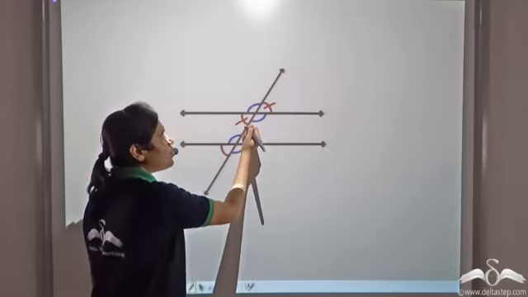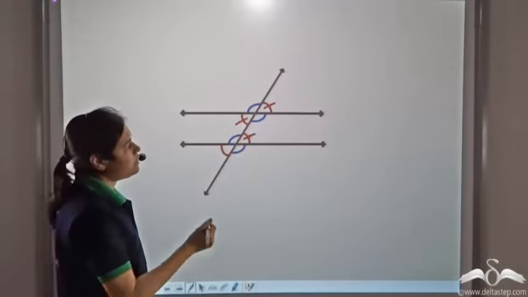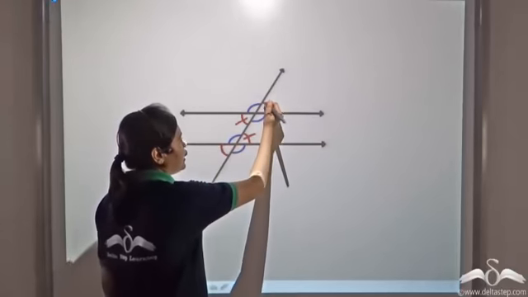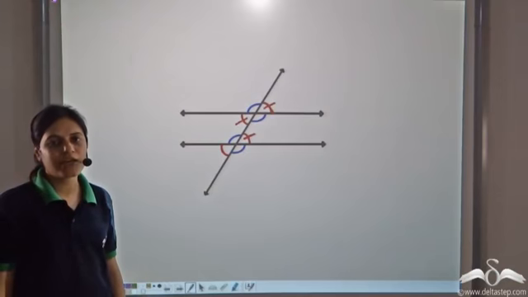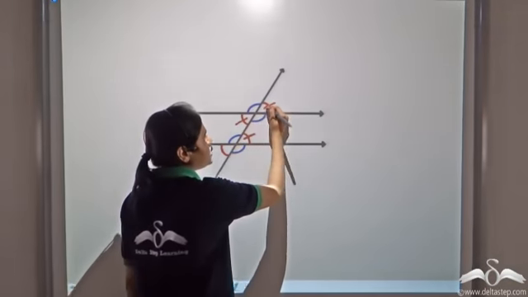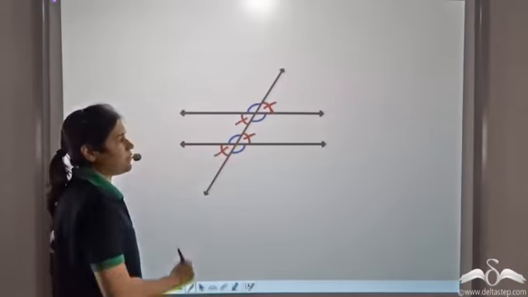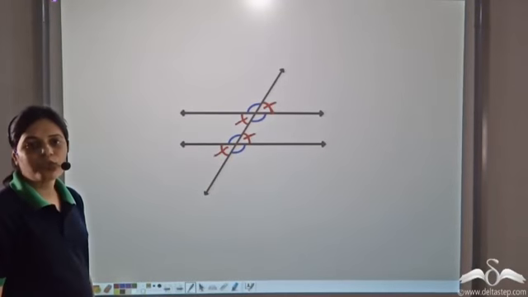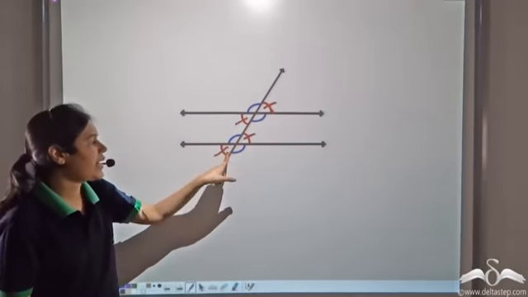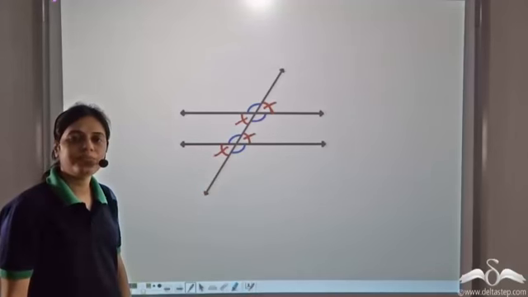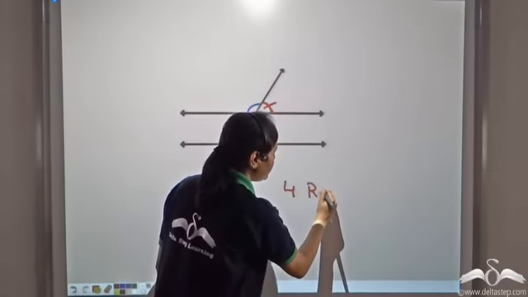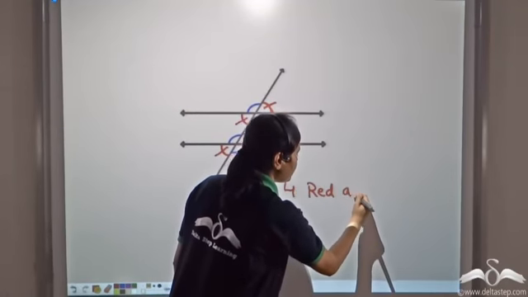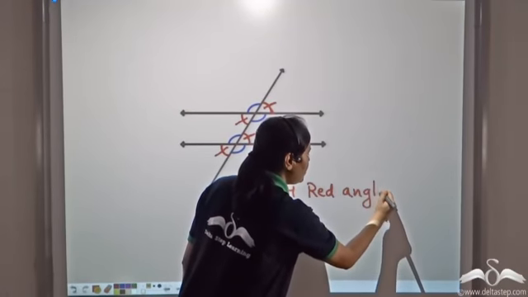So again these two are also equal. Now this and this form a pair of alternate exterior angles which are equal. So this is equal to this. So we see that all the red angles, they are equal. So all four red angles are equal.